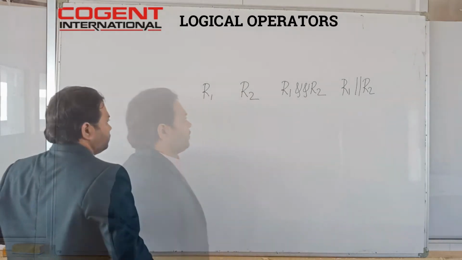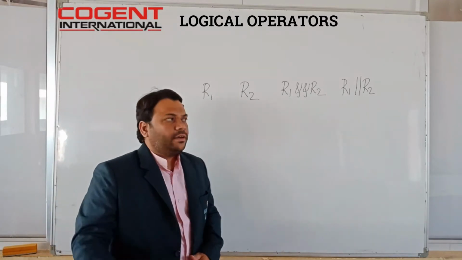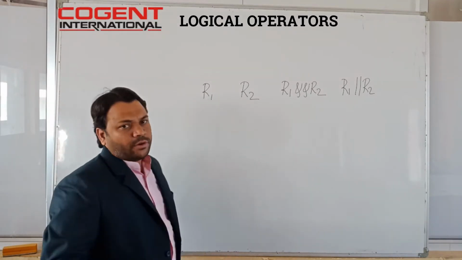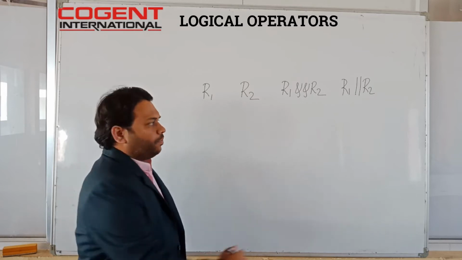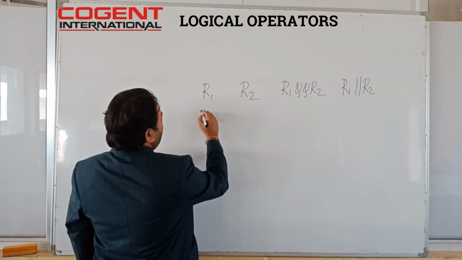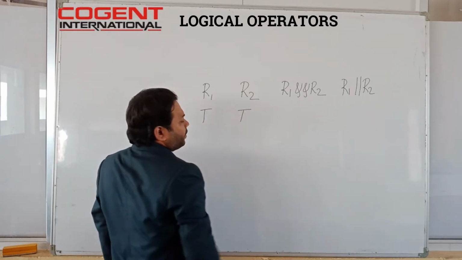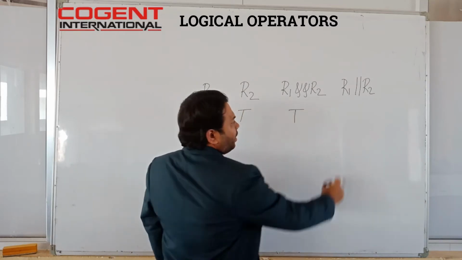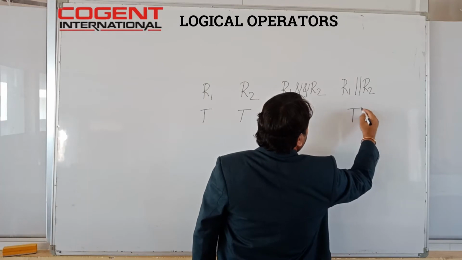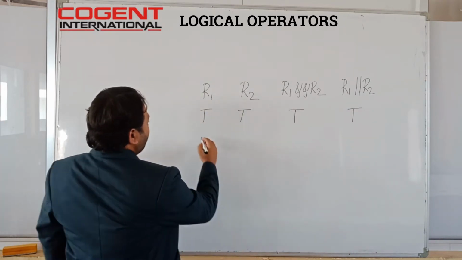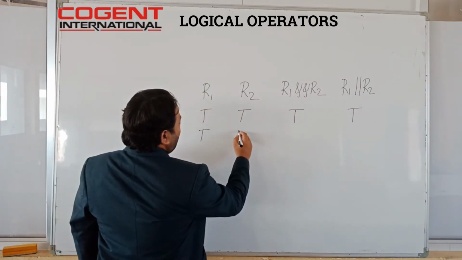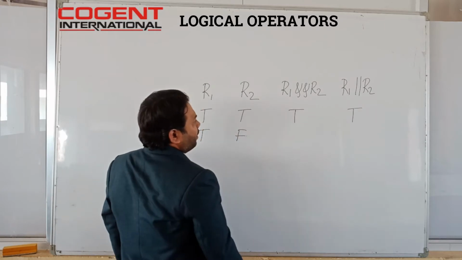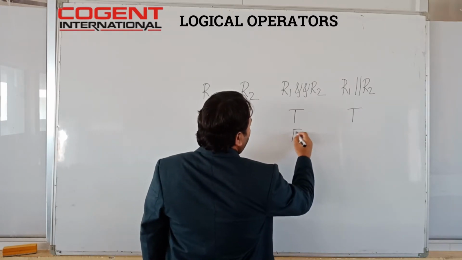Now let us consider the inputs for R1 and R2. Suppose R1 is true and R2 is true, then the logical AND will become true and the logical OR will become true here. Suppose R1 is true and R2 is false, then logical AND will become false.